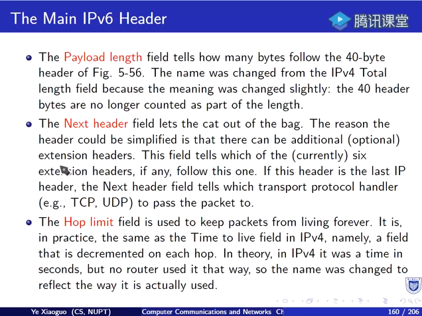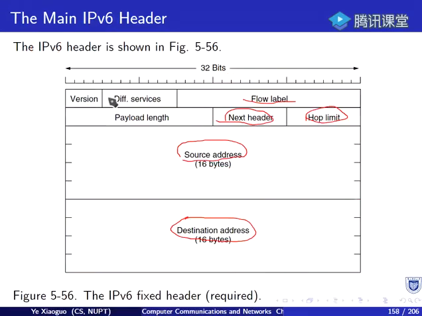Then follows the payload length. This field tells how many bytes follow the 40-byte header. The 40 bytes is the header.